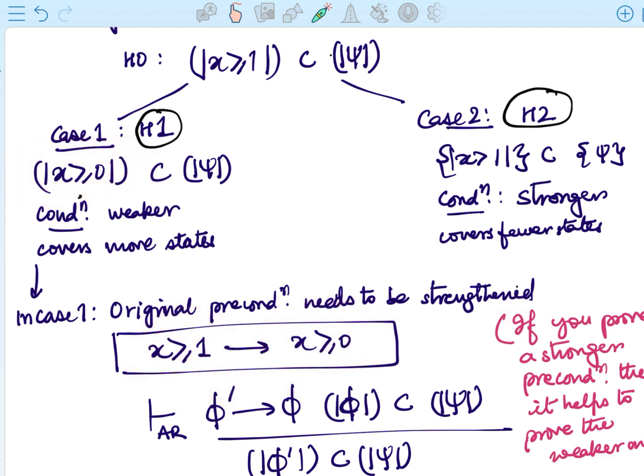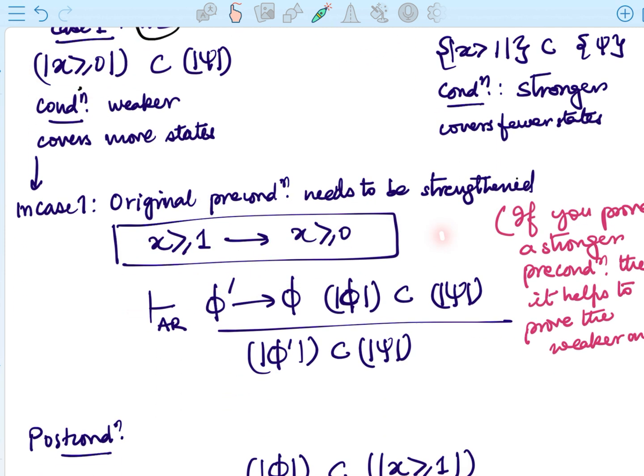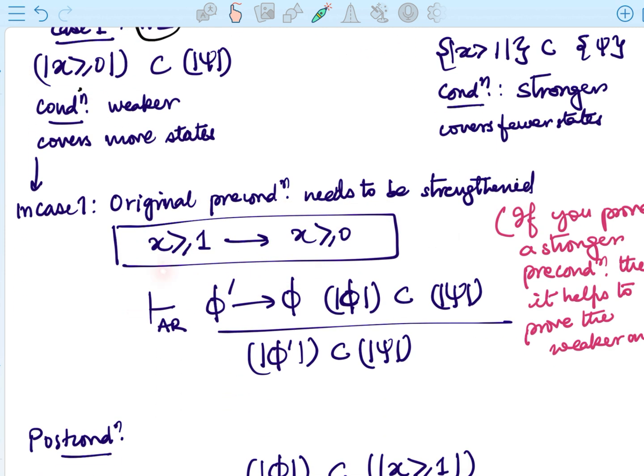Now what do I mean by this if it's getting really confusing? x is greater than or equal to 1. If this is true, and this is false, then the answer is false, because the weaker precondition is not satisfying. But if you are able to prove this as true, this is automatically true because this is a weaker condition.